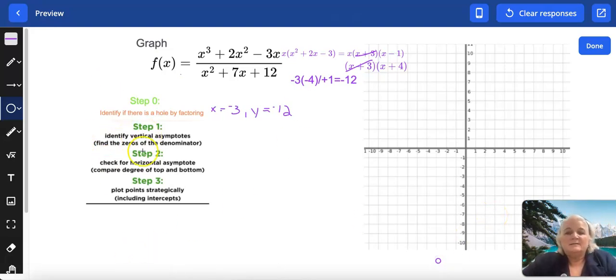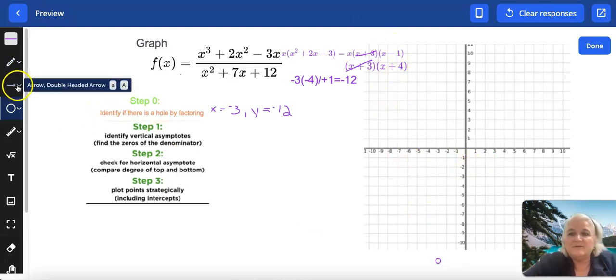All right, now identify my vertical asymptotes. I've already got it factored, and the x plus 3 is gone because that's part of the hole. So my only vertical asymptote is at x equals negative 4, because I set that part equal to 0.